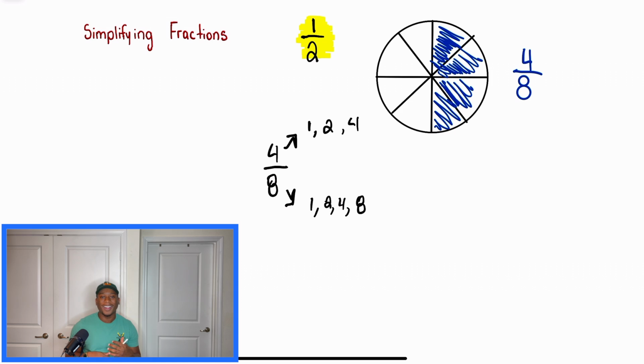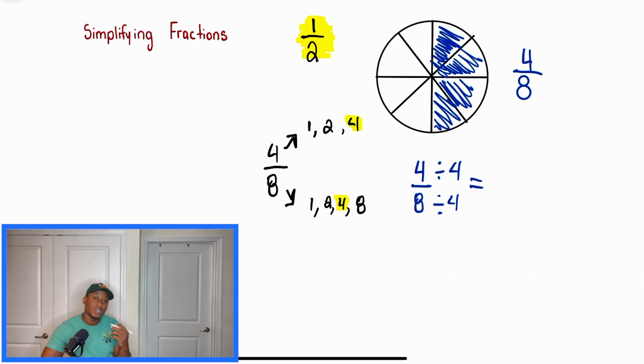After we write out our factors, we look for the GCF, the greatest common factor, and we highlight it. The greatest common factor between 4 and 8 is 4. So I'm going to take 4/8 and divide both the top and the bottom number by 4.